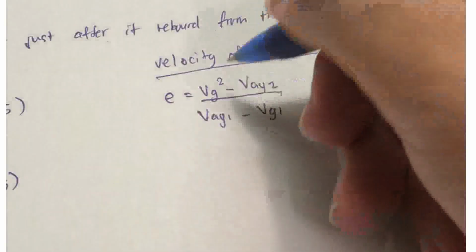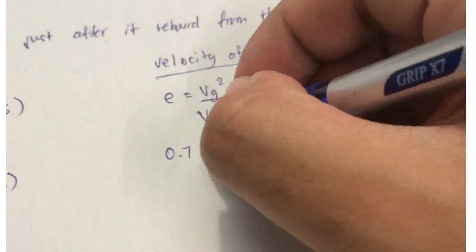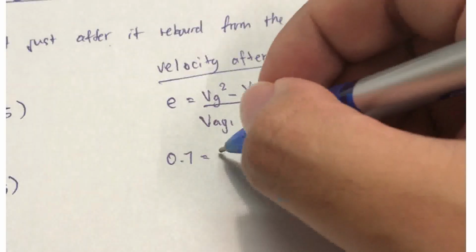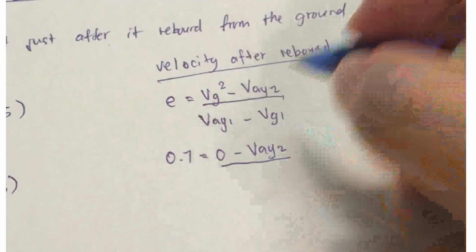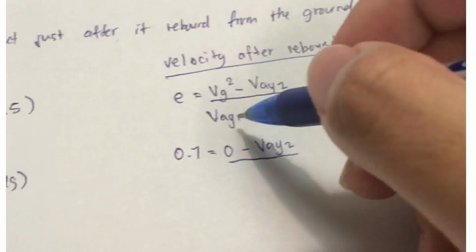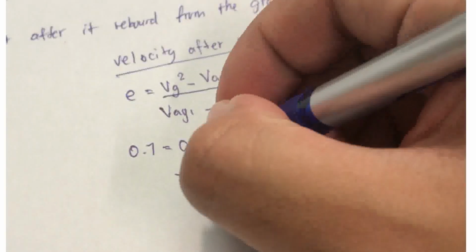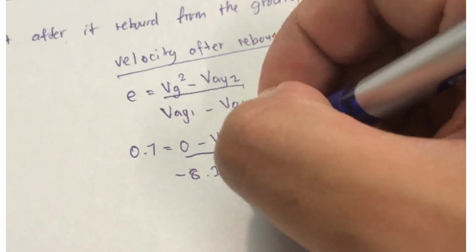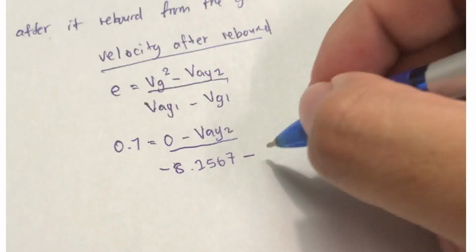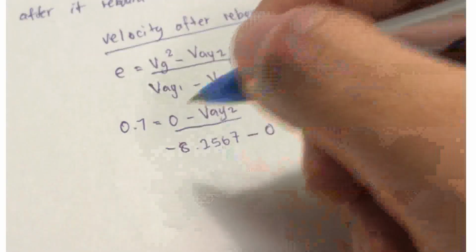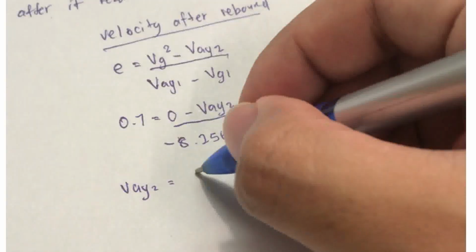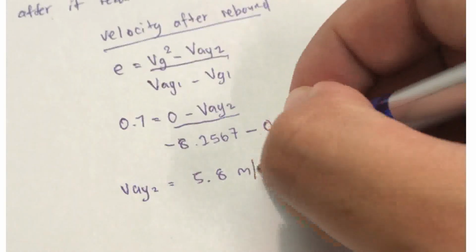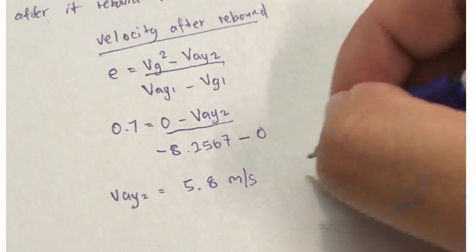The e we get from the question is 0.7, and Vg2 is 0, minus Vay2, over Vay1, which is negative 8.2567, minus Vg1, which is 0. We will get Vay2 as 5.8 meter per second, facing upwards.